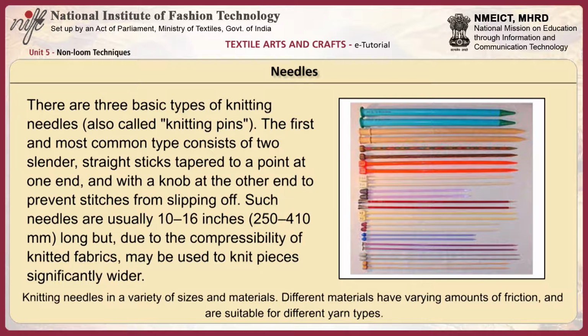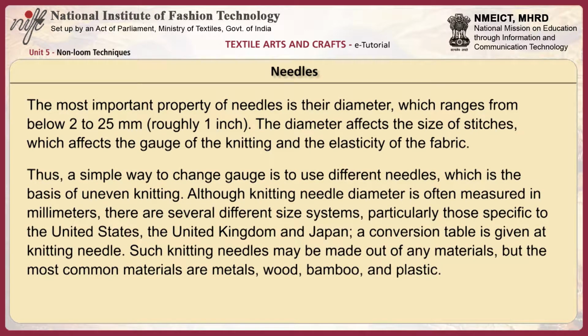Such needles are usually 10 to 16 inches, that is 250 to 410 millimeters long, but due to the compressibility of knitted fabrics, may be used to knit pieces significantly wider. The most important property of needles is their diameter, which ranges from below 2 to 25 millimeters, that is roughly 1 inch. The diameter affects the size of stitches, which affects the gauge of the knitting and the elasticity of the fabric.